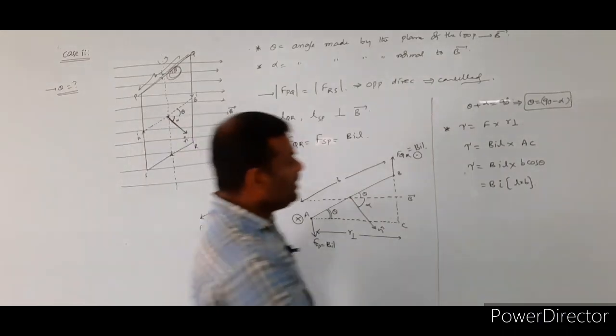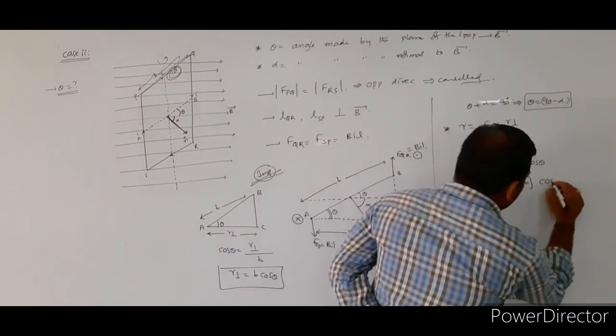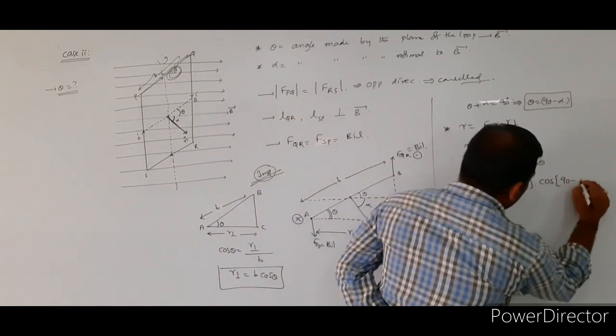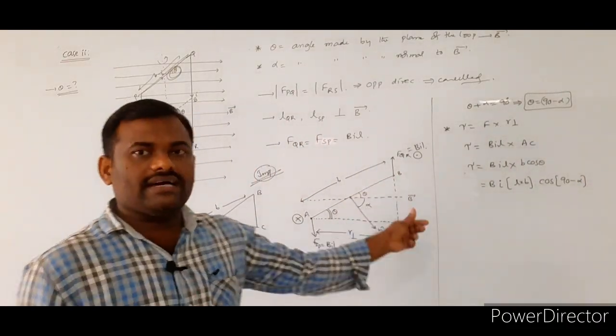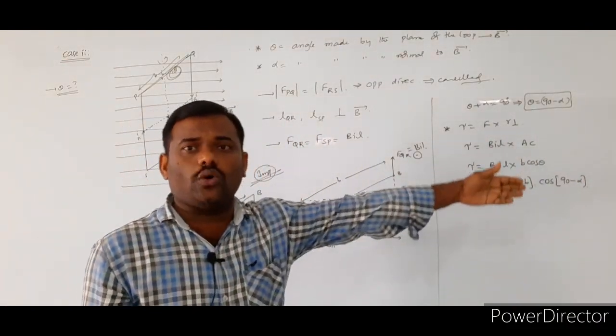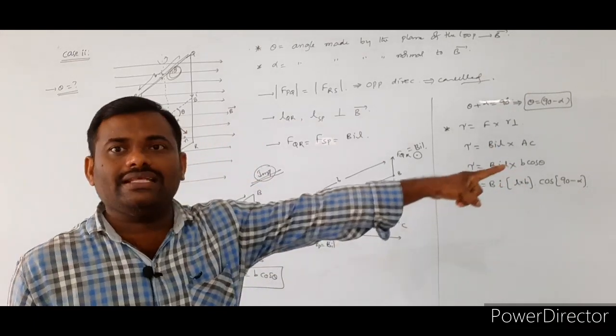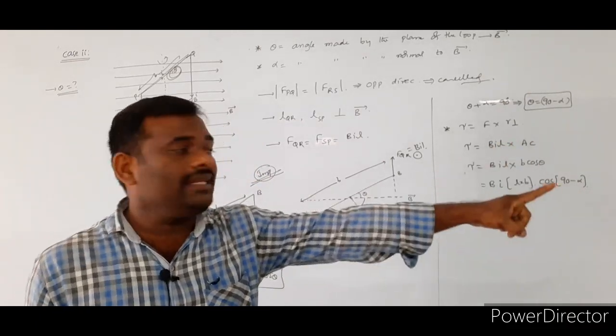Theta value is equal to 90 minus alpha. So I will substitute the value of theta, cos of 90 minus alpha. Cos of 90 minus theta, it is in the first quadrant, so that cos of 90 minus theta value is equal to sin alpha.